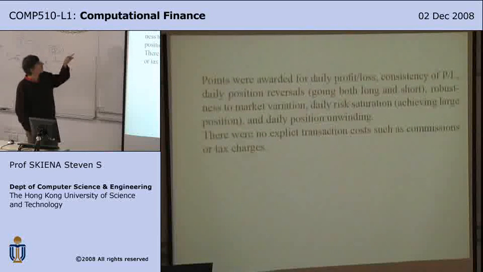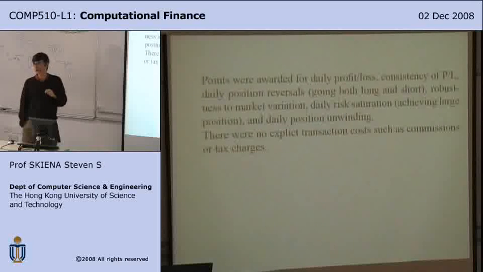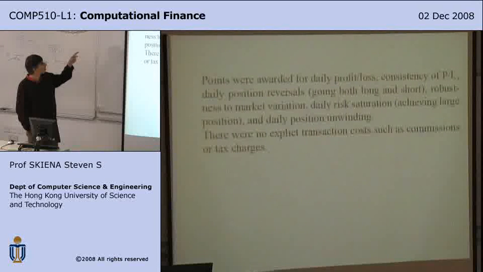They gave you points for reversing your position in the day. One kind of trading agent might have been to buy 100,000 shares of Microsoft at the beginning and walk away for 10 days. Now that's not a very actively managed strategy. They thought a good strategy would be one that would both go long and go short, and so they gave points to encourage that.